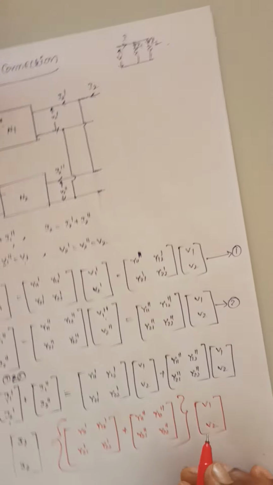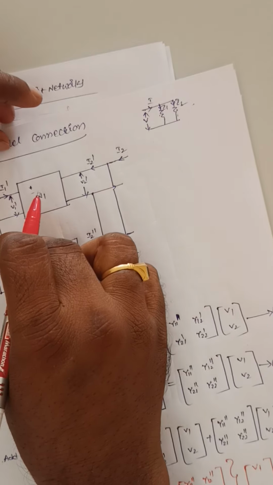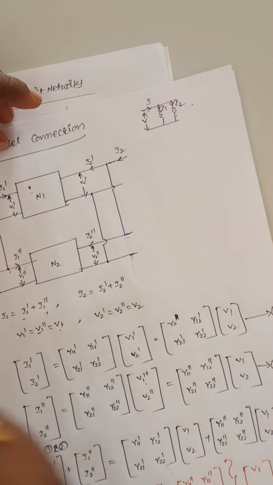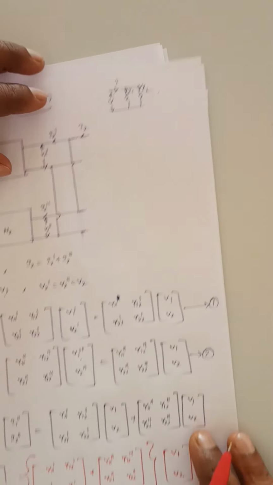Okay, so this V1, this V2, this is the V1 dash is equal to V1 double dash is equal to V1 input voltage, V2 dash is equal to V2 double dash is equal to V2 output voltage.